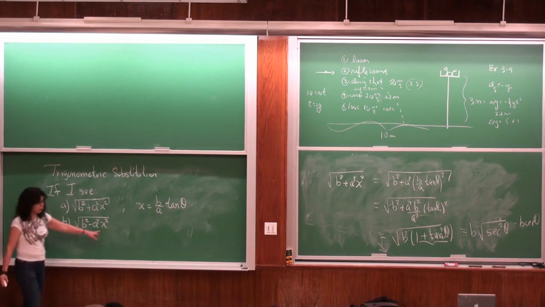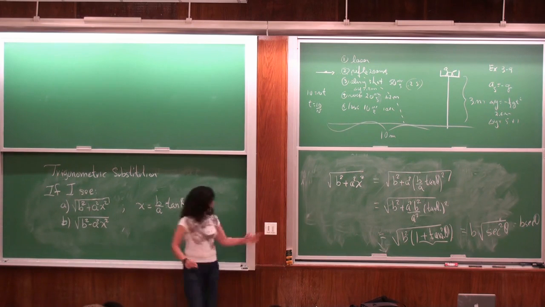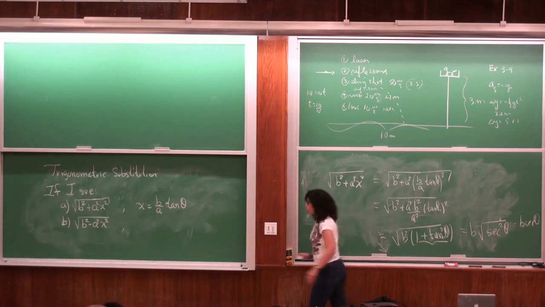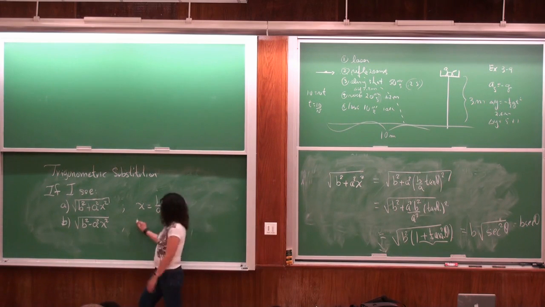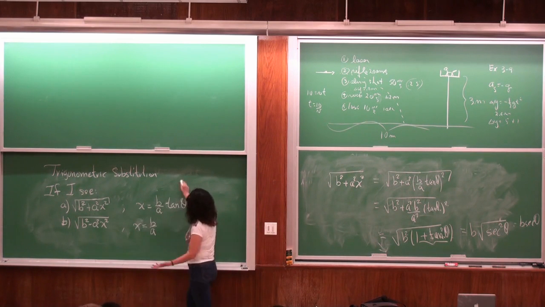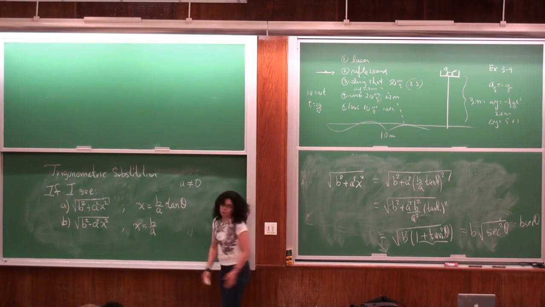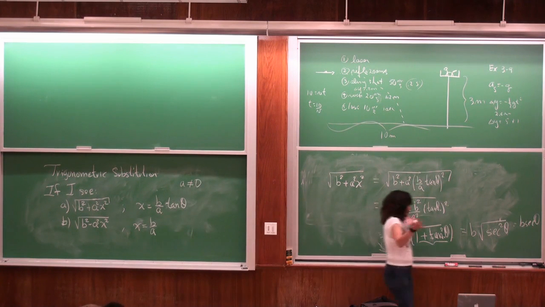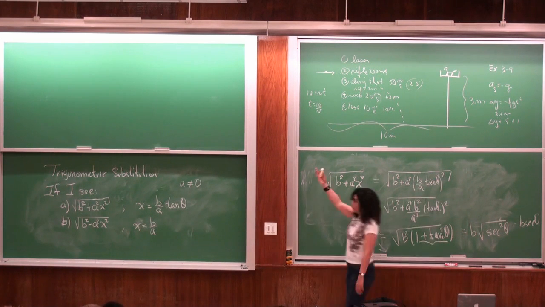What is my change of coordinates? As you understand from this computation, x has to be equal to B over A. Of course, I'm not thinking that A is 0, because it doesn't make sense. If A is 0, then what am I doing here? Just get the square root of B and that's it.